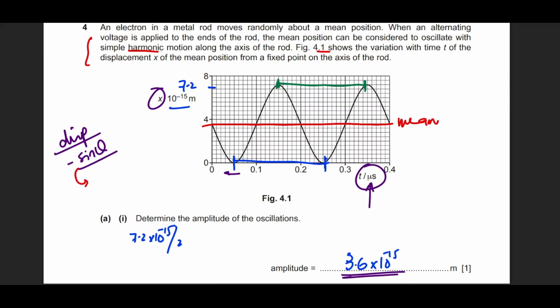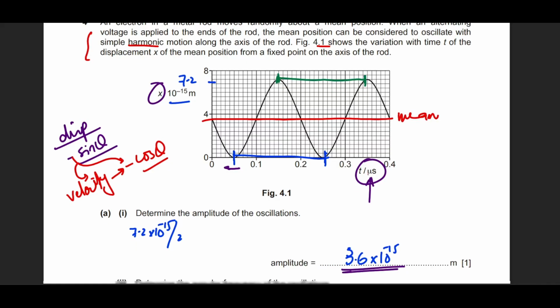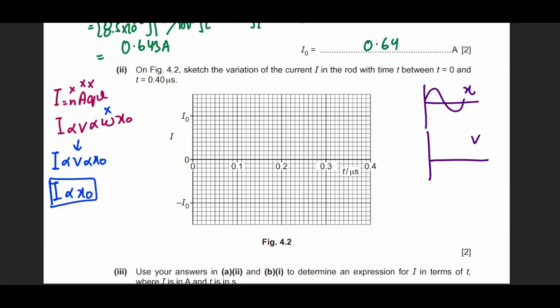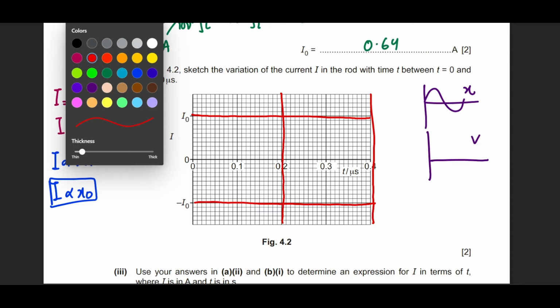So if I take the derivative of sine theta to find the graph of velocity as we do in simple harmonic motion, the negative gets carried as it is and this becomes cos theta. So technically, I should draw a graph of negative cos theta for the velocity, for the current, right? So these are my extremes. Let's point them out first. These are my extremes, and these are the time periods where the complete wave actually formulates.